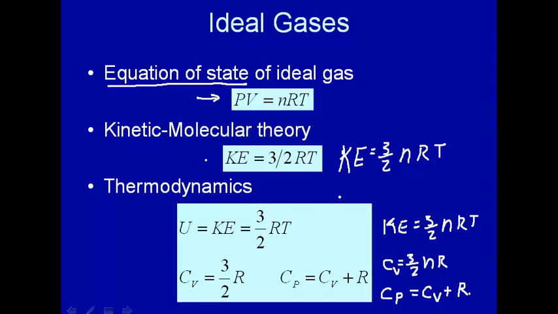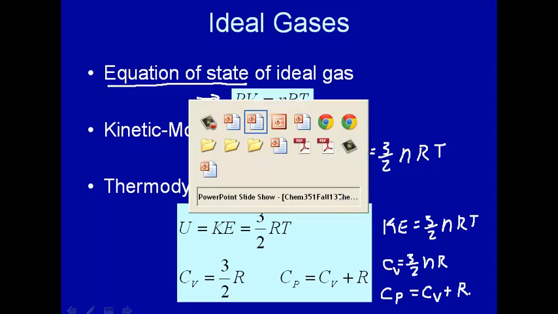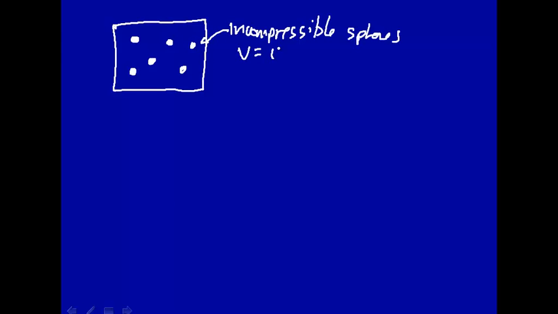First, let's talk about the equation of state of an ideal gas and the kinetic molecular theory. Now, recall the kinetic molecular theory: we had a 3-dimensional container, and within this we had a model of gas molecules. These were incompressible spheres whose volume was equal to 0, and they were in random motion.